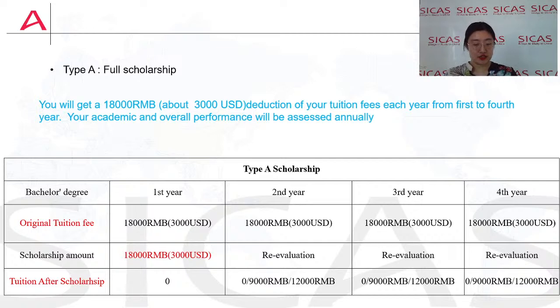And from the second year to the fourth year, you have to go through reevaluation. The tuition after scholarship is, as straightforward as it is, 0, and you have a high chance you will get 0 if you didn't break any rules. But if you did, you would have to pay 9,000 to 12,000 RMB.